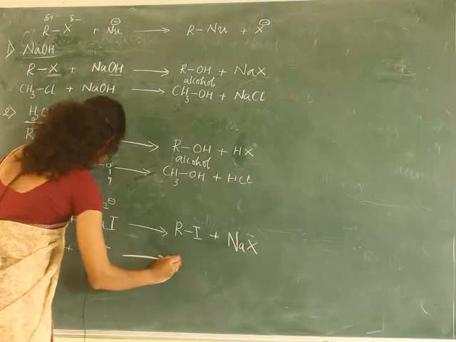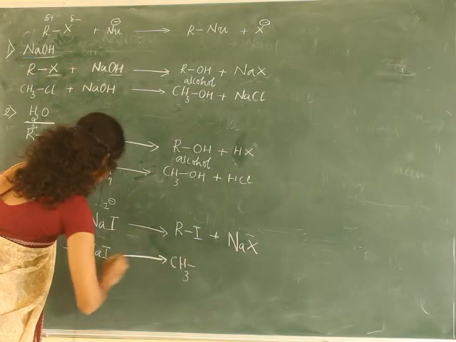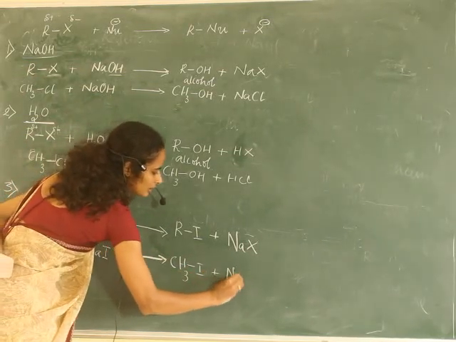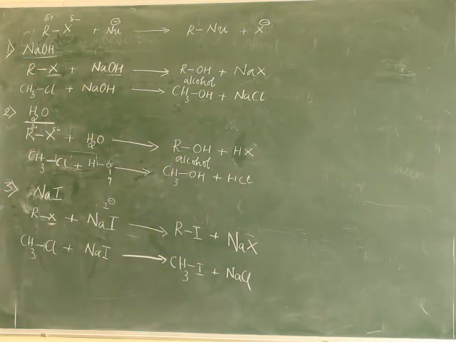Now the product obtained is CH3I plus NaCl. Hope it is clear for you. It is about reaction with sodium hydroxide, water and sodium iodide.